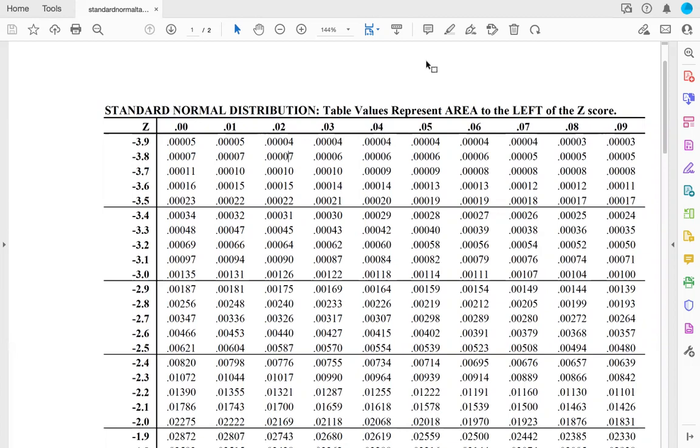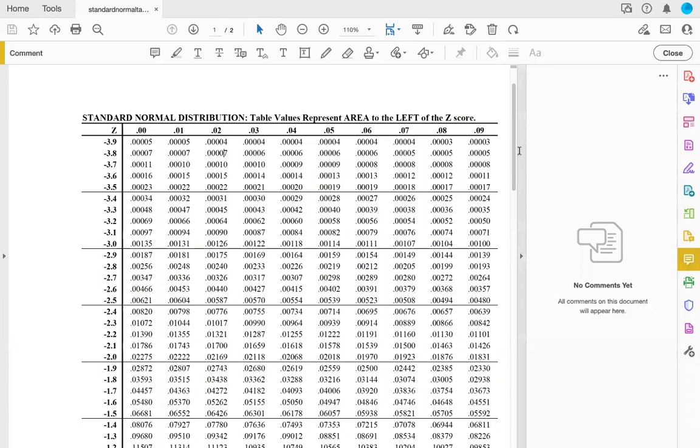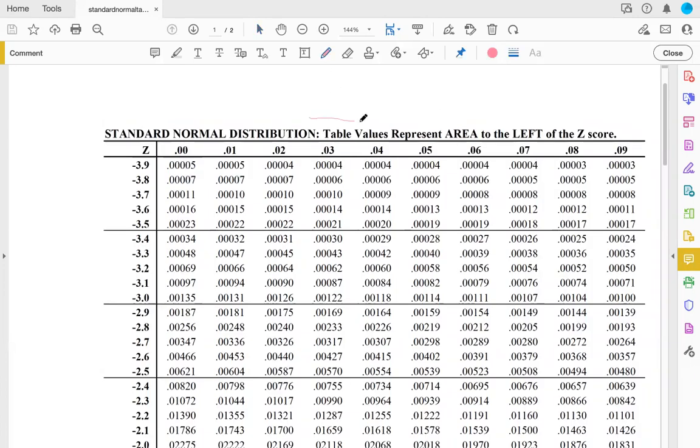What that means is like this. Let me draw this out. Like I mentioned to you, we convert it so the mean equals 0 and the standard deviation equals 1. This standard normal distribution table always shows the left side shaded area of the graph.